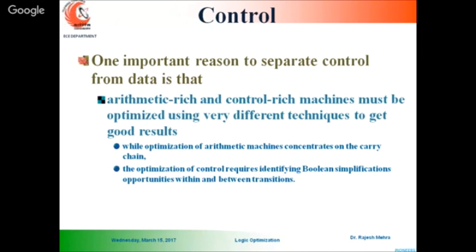Carry chain. Carry is coming, forwarding, you are controlling the carry. The optimization of control requires identifying the Boolean opportunities within the transitions. If-else statements, you have to take care of them, meaning what thing is changing when, and what to do if this thing is changing. That is why we optimize them separately.